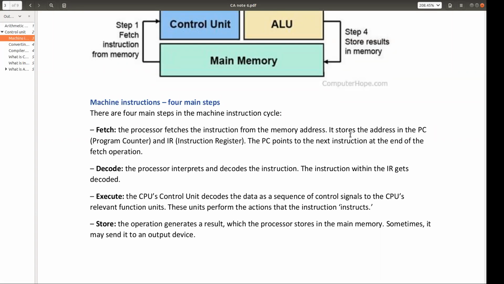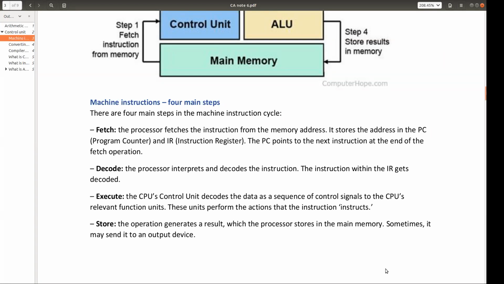Now decode, as I told you: the CPU tries to interpret and understand the meaning of the instruction. That is the decoding operation. Next is the execution operation, where the CPU actually performs the job, and the storing operation, where the CPU stores the result.